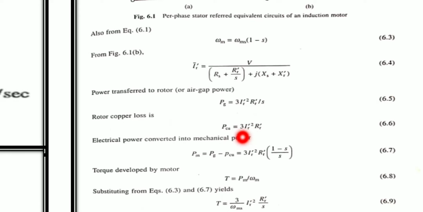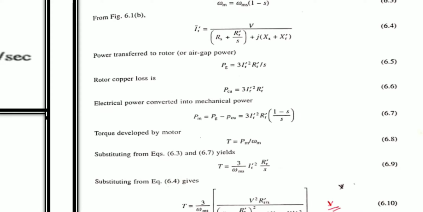Rotor side itself: 3 I_R' square into R_R'. Now, whatever electric power is developed, that power is converted into mechanical power itself. How do we get this mechanical power? P_M is equal to, when we subtract the copper losses from the power developed in the air gap, we'll get the mechanical power itself. P_G minus P_CU.